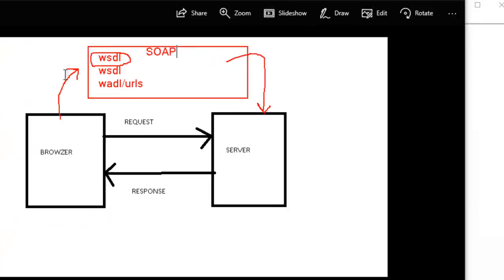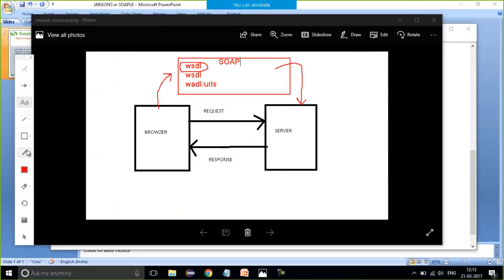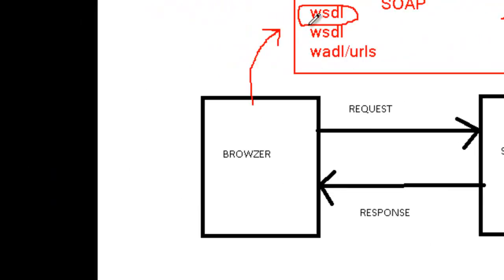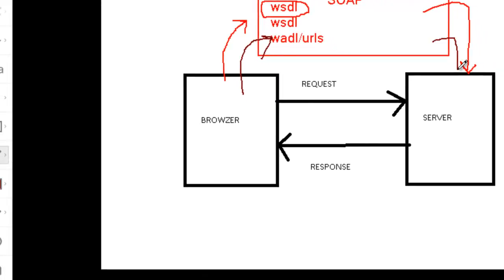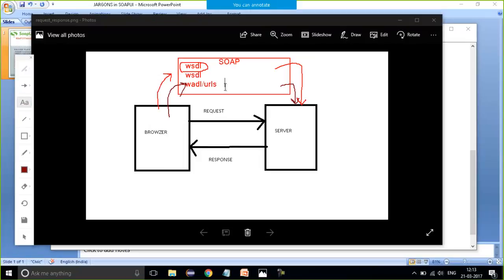If I'm passing the WSDL, then it is SOAP, the messaging protocol I'm going to use. But what if I pass WADL or URL? Then the thing passed to the server is with the help of REST as my architecture. Understand? So the complete thing is related.